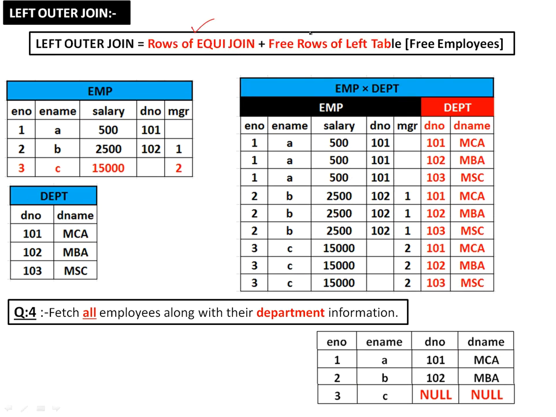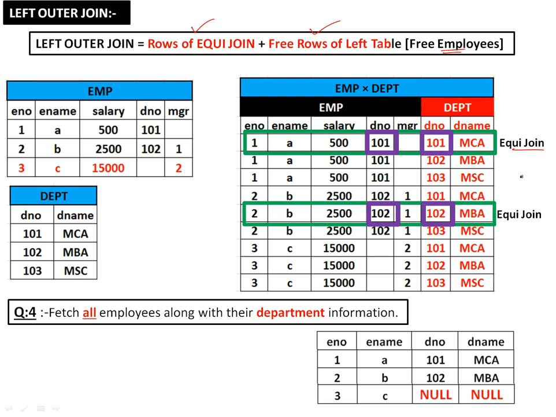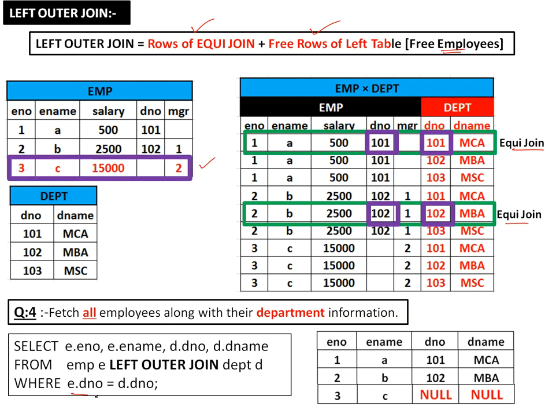The left table, I am writing it as free employees. It is the result of equijoin plus this. The condition is the same, that is equijoin. If I write left outer join, those free rows of the left table will come. So it is an extension to equijoin, guys.